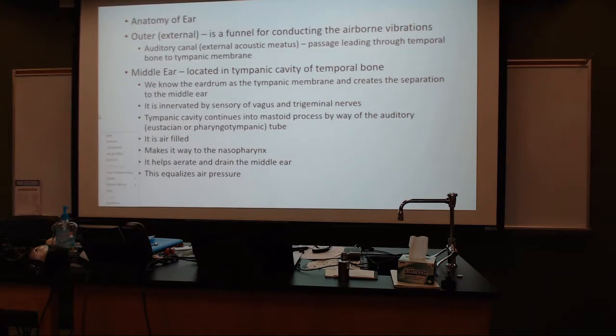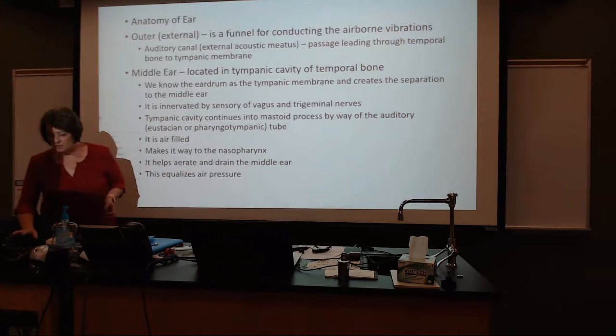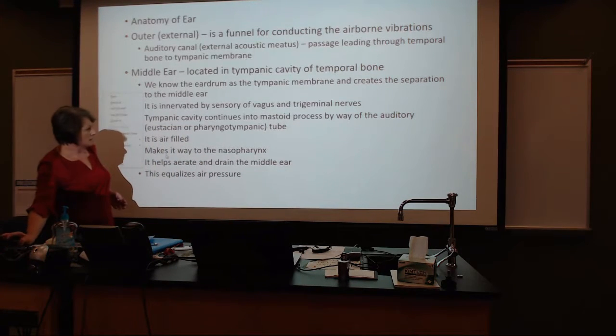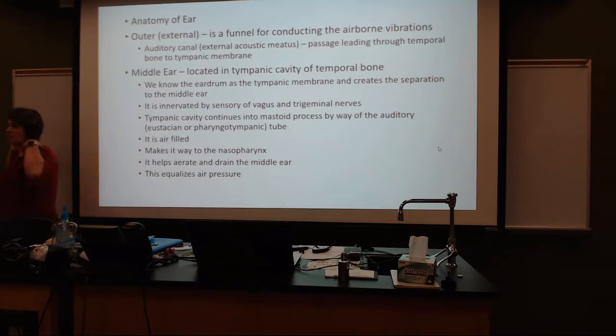Okay, so those tubes, air filled, all right? Now, one of the things that happens with this middle ear area is it's going to make its way to what we know as the nasopharynx.